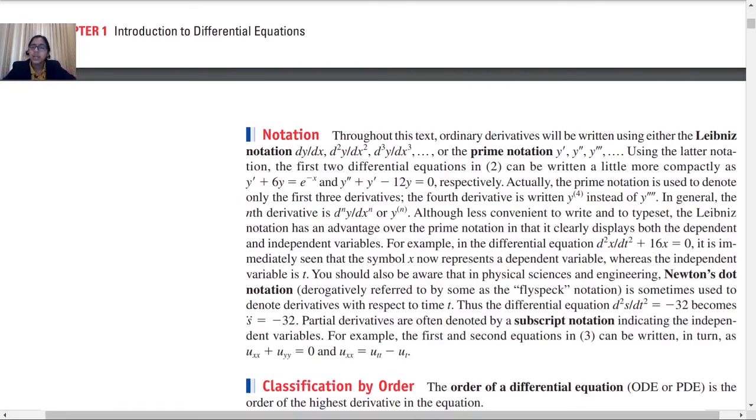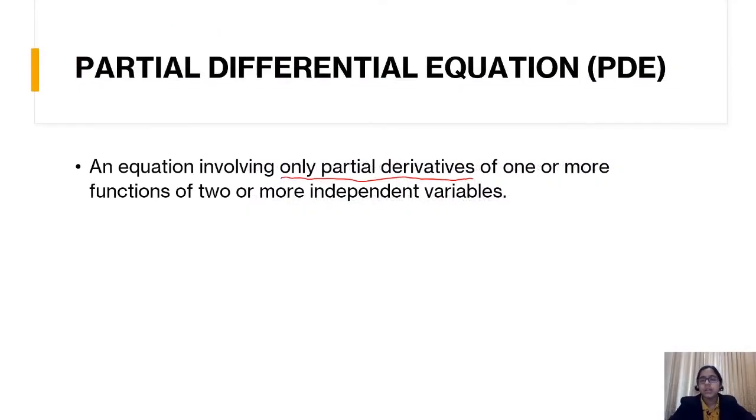Usually we consider the prime notation, y dash, y double dash, which is simpler to write, and sometimes the nth derivative is written like d raised to n y divided by dx raised to n. So we use all types of notations, and mostly for partial derivatives we use the subscript notation only. So that is how we can classify the differential equation on the basis of type.